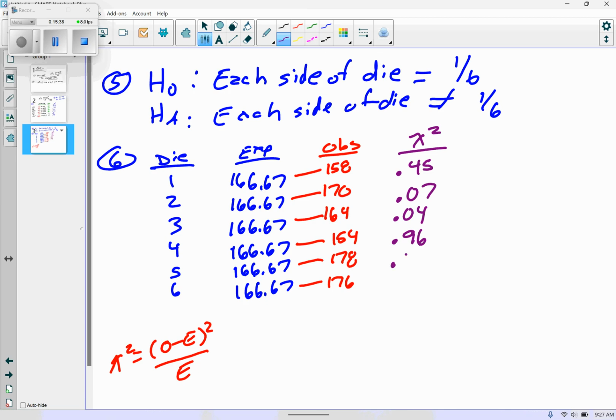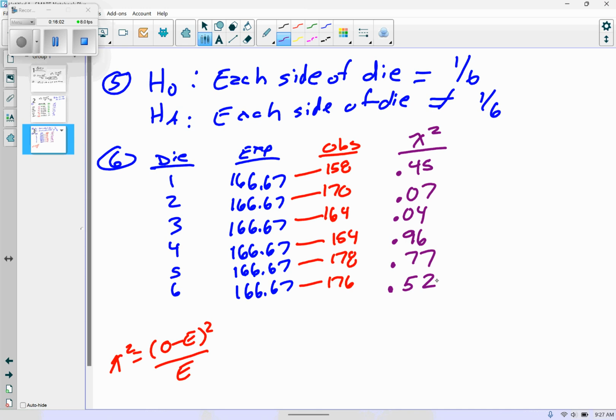That comes out to 0.77. And 166.67 minus 176, square that, divide that by 166.67, 0.52. All right, so that is all of the information based on this 5 and 6 so far.